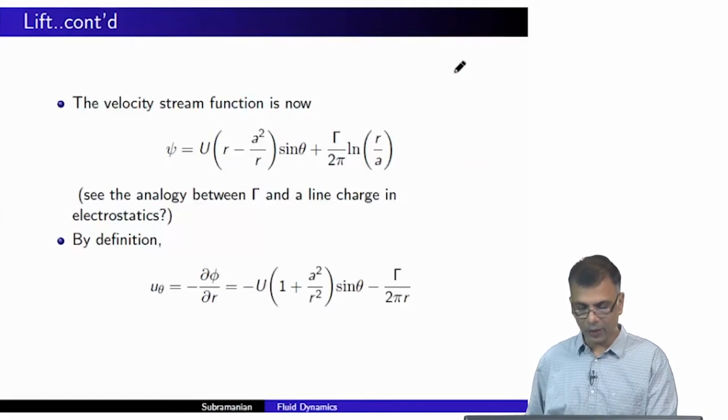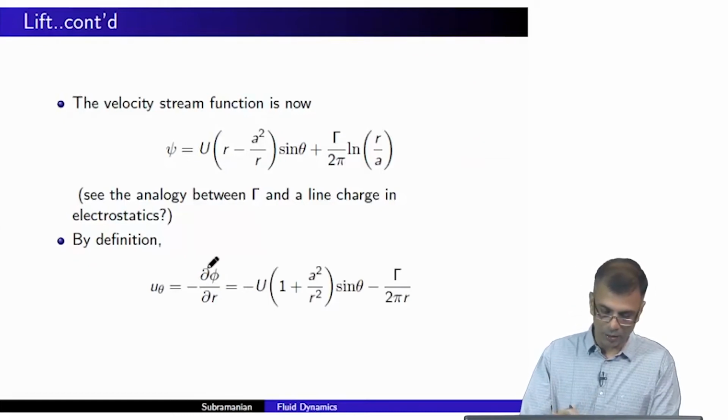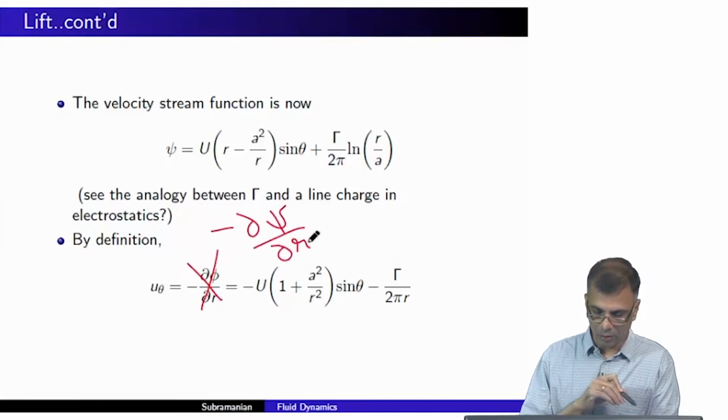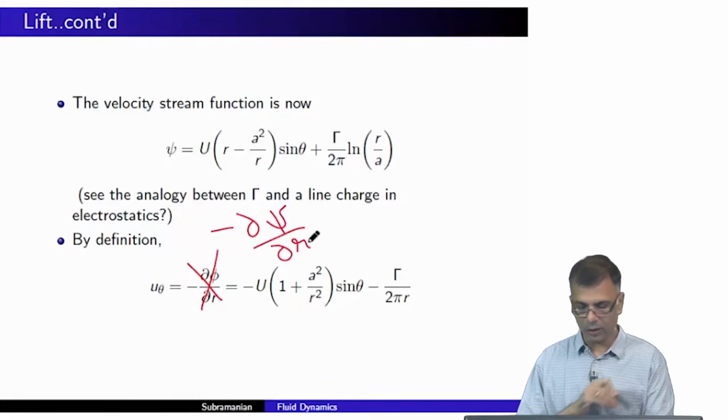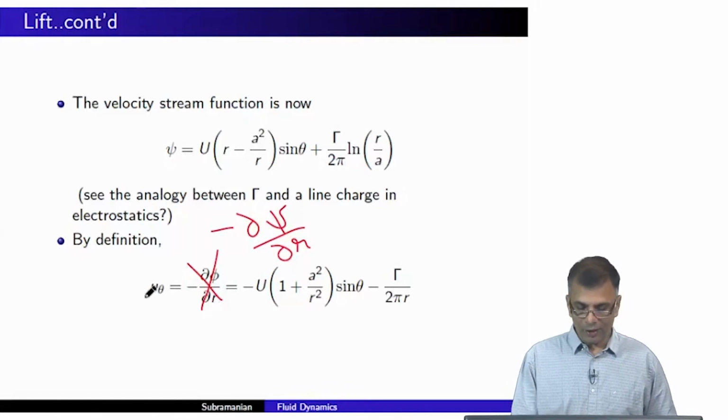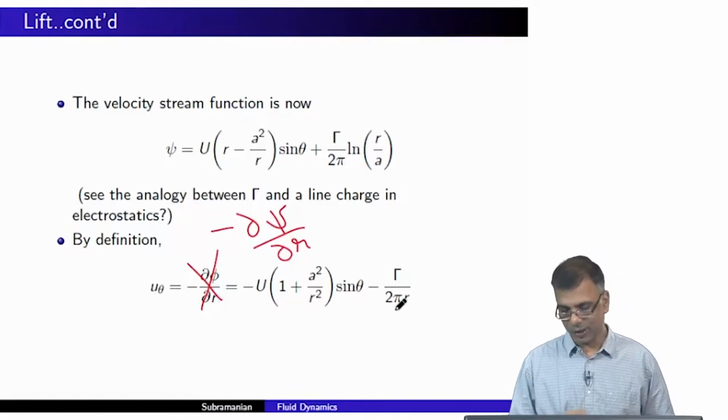I beg your pardon, there's a mistake here, this should be corrected. So you take the differentiation of this, and you can see that it becomes this. So now the theta directed velocity becomes this.